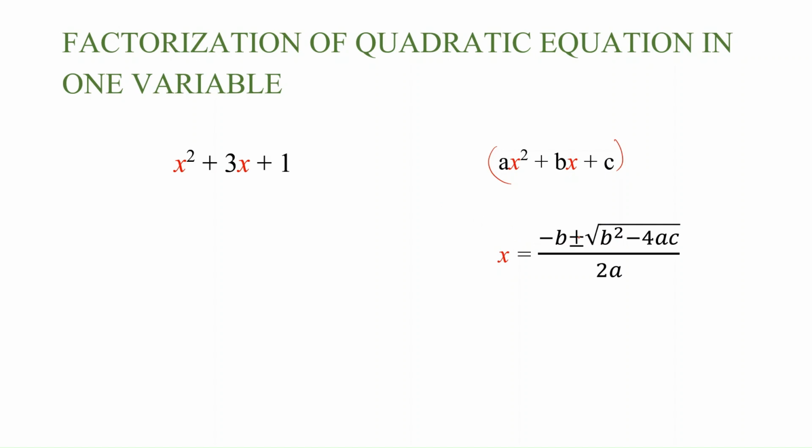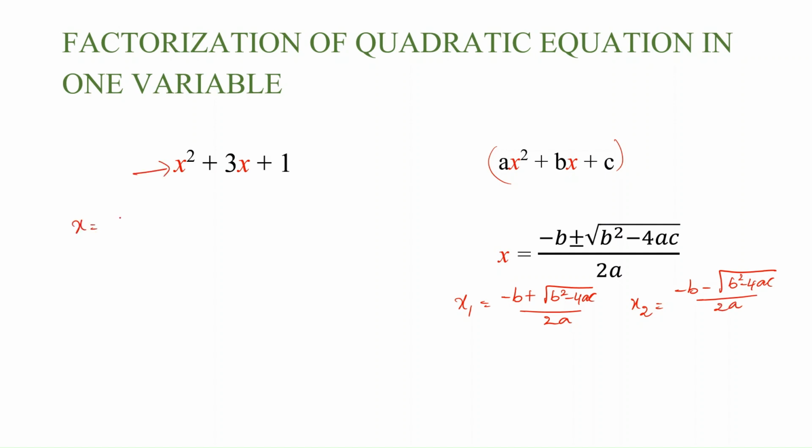One will have a plus sign and the second will have the minus sign. Say x1 is the first value. In that case we'll take minus b plus root b square minus 4ac by 2a. And for the second value of x, we'll consider minus b minus root b square minus 4ac by 2a.